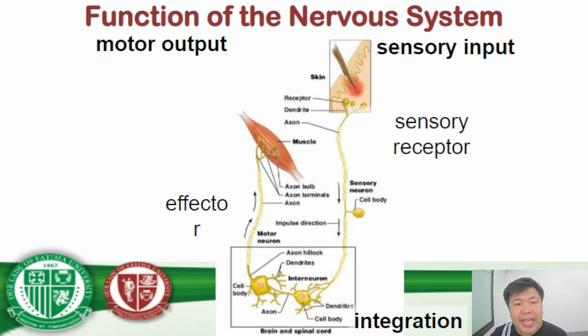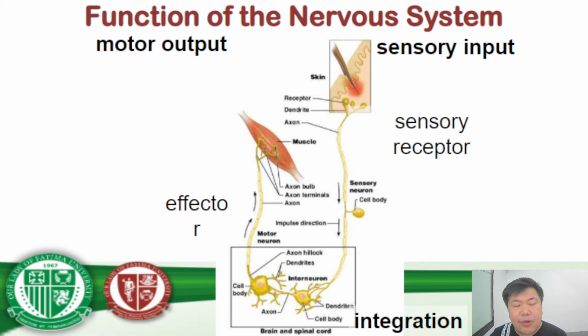They will then send a signal to the brain or spinal cord, and that signal will run through what we call a sensory neuron. So after the receptors receive the sensation, the stimulus, they will bring a signal towards the sensory neuron in order for it to reach the brain and the spinal cord, as you see in this image.